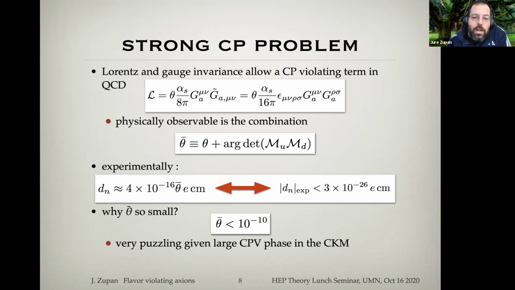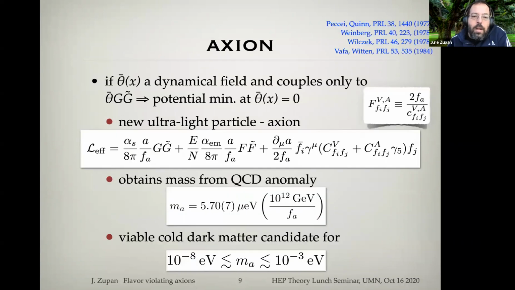And the question here is, why is this theta bar measured to be below 10 to the minus 10 from the neutron EDM? The solution would be that theta bar is really a dynamical field. It has a potential minimum at theta bar equals 0, so that you're driven to this CP invariant point.